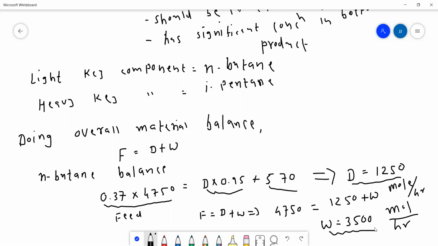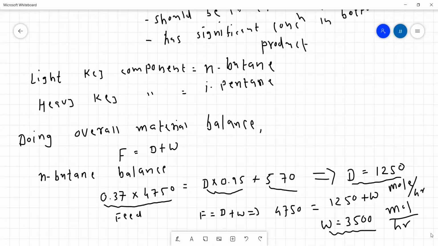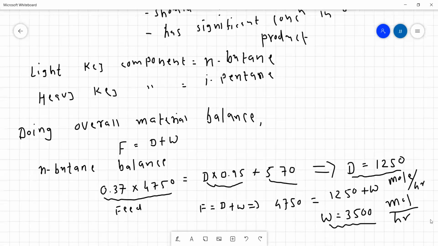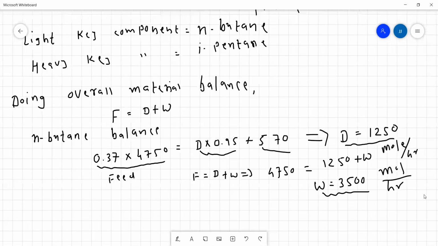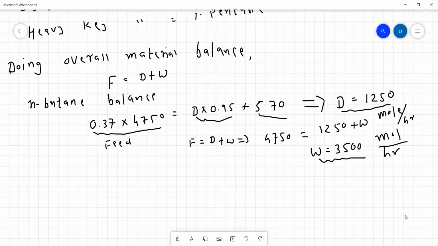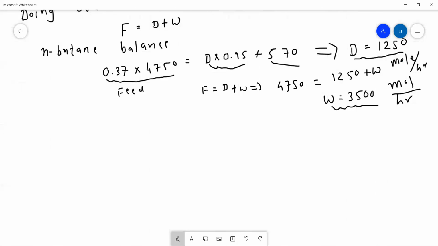Now let me make a table where we can find the feed composition, feed flow rate, distillate composition, distillate flow rate, and residue composition and residue flow rate.